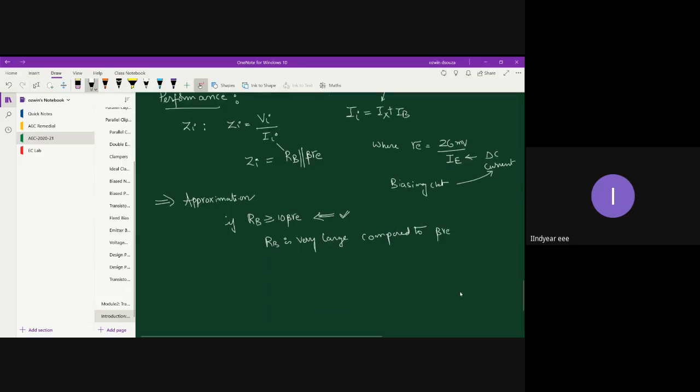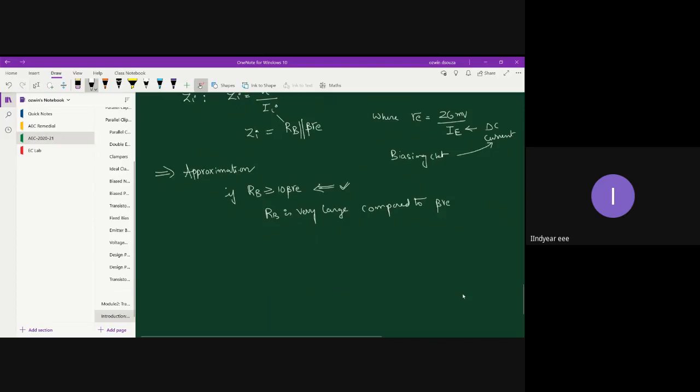What happens when you have a very large resistor connected in parallel with a smaller resistance value? What will happen to the equivalent resistance value? Can anyone quickly tell me?